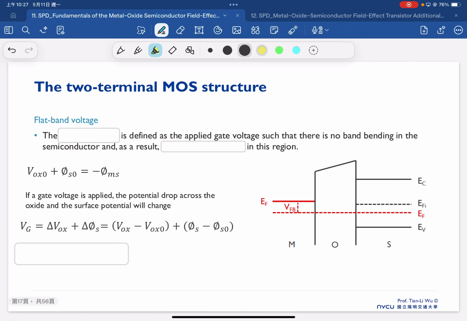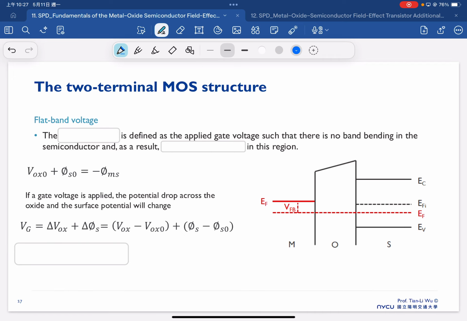So once again, now we are clearer about how we analyze the band of the MOS structure. Finally we should have a way to more clearly estimate the flat band voltage.